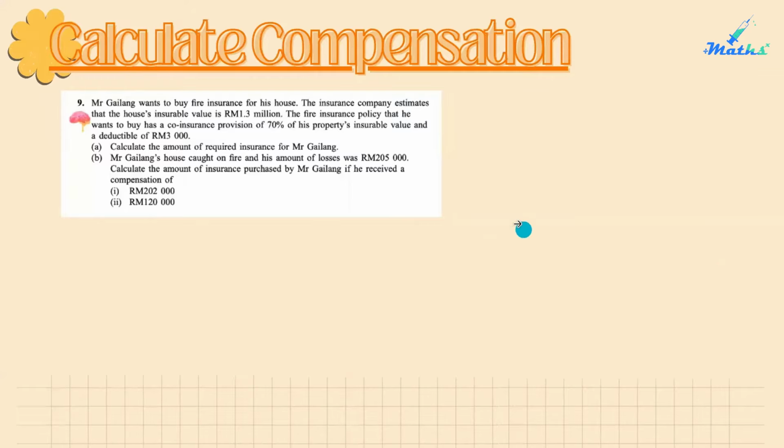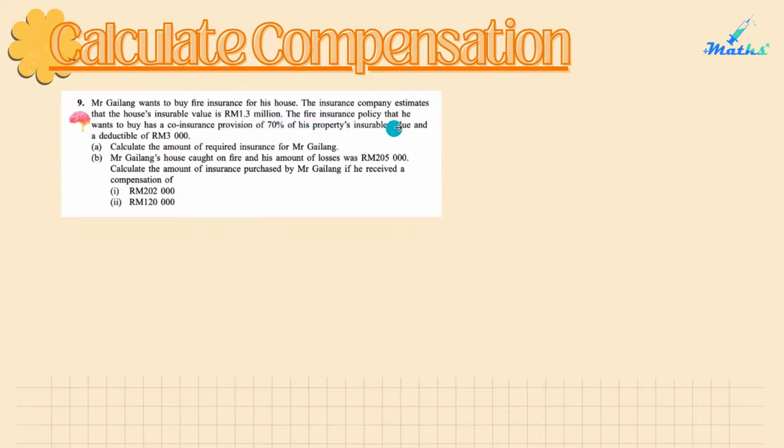So next, let's try to do some example questions. Mr. Gailang wants to buy fire insurance for his house. The insurance company estimates the house insurable value is 1.3 million.